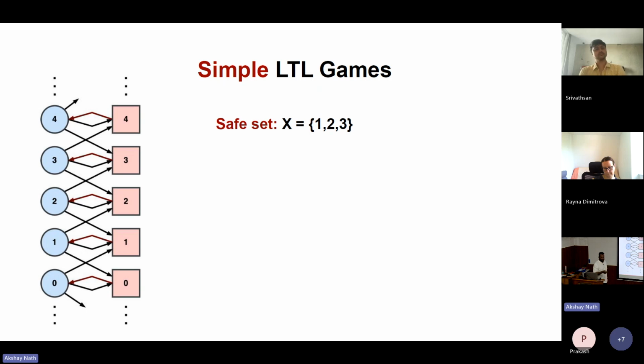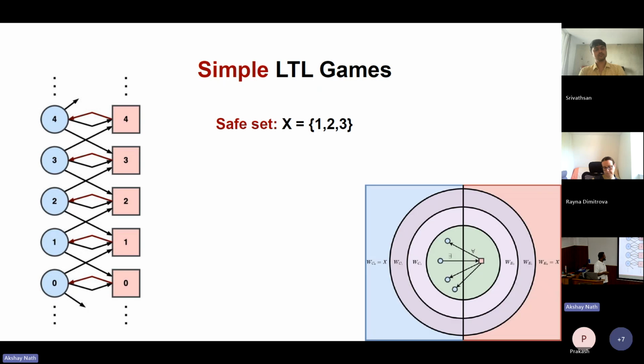You want to stay in the sets 1, 2, and 3. The first thing you do, I'm showing a diagram here for reference. This is how the fixed point computation works. On the left part, in blue, is the controller states. The right part, in red, is the environment states. Now I'll explain what this means.